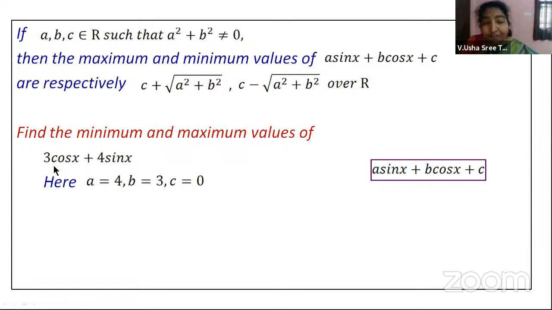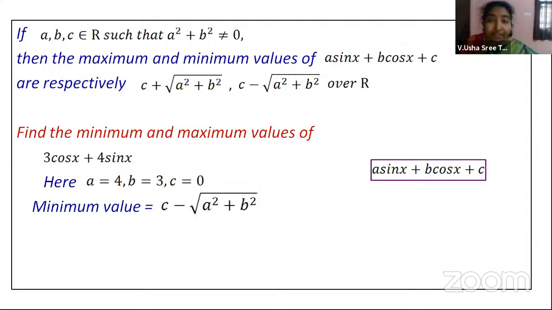So the coefficient of cos x is 3 and you don't have any constant in this. Therefore, you will take C is equal to 0. Therefore, the minimum value is C minus root of A square plus B square. So instead of A, B, C, you will just substitute the values from the given problem. So 0 minus root of 4 square plus 3 square, which is nothing but, see, 4 square 16 plus 9, under root will be minus 5.